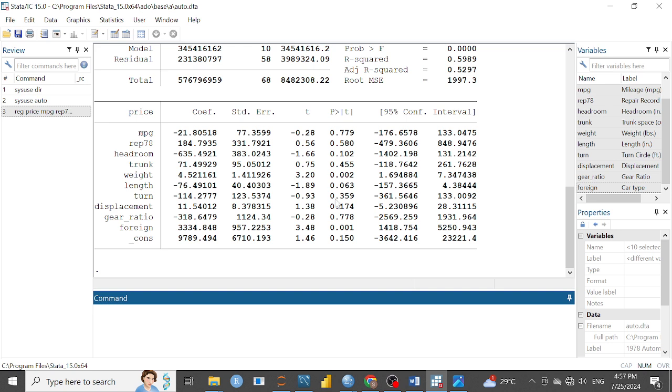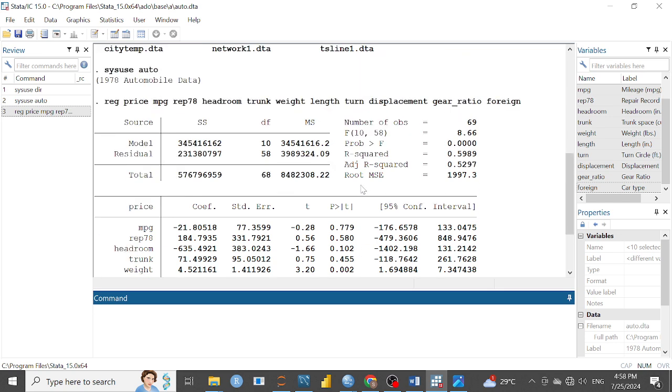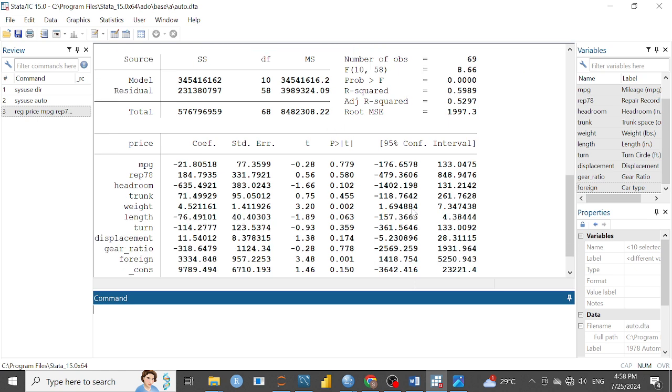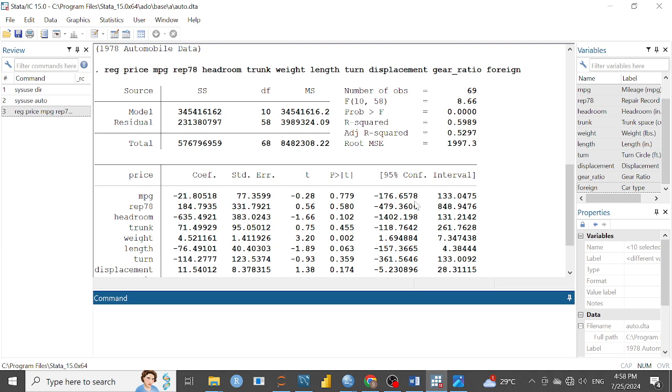So now, as a whole, how do we summarize this? If you want to summarize the whole of this, we go back to this. You can say the model is statistically significant as a whole, because this is the overall status of the model, 0.000, which is highly significant.